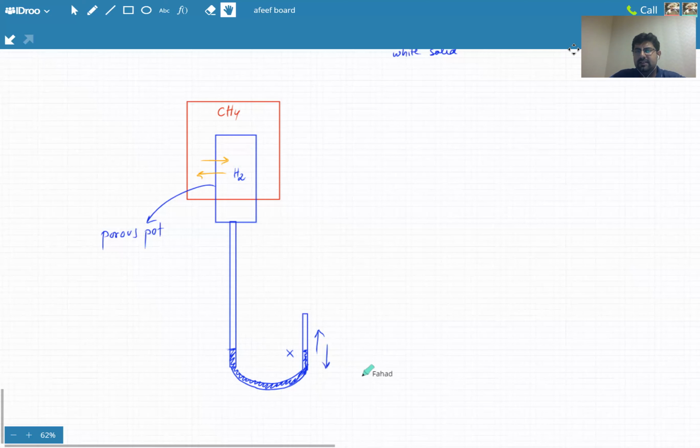Okay, that's the question. So I'll just explain this a bit more, to give you some more clarity. Let's assume that these are all the hydrogen gas molecules inside the porous pot, and they're also inside this tube because it's connected. So they're also inside this place over here, and they're basically pushing the liquid down. The particles are colliding and they're exerting pressure.